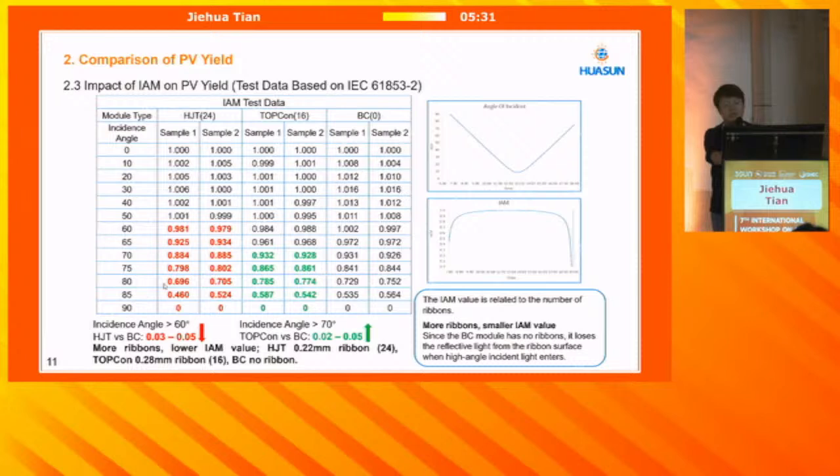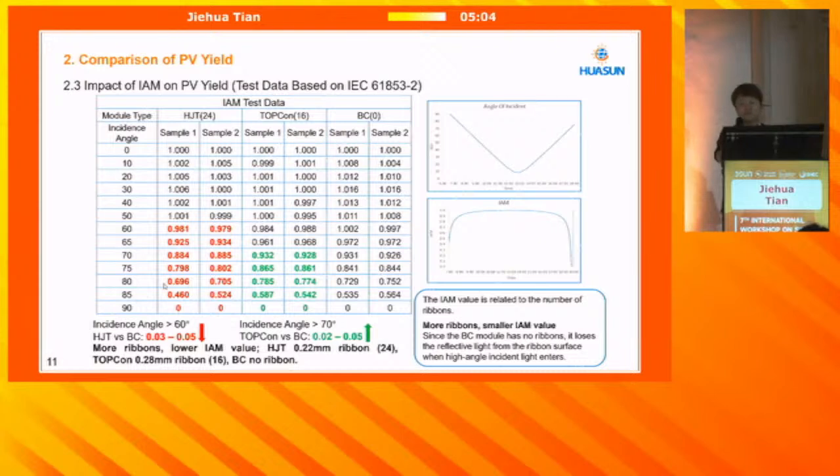Usually, the IAM is related to the number of ribbons. More ribbons, smaller IAM. IGT uses 24 ribbons with 0.22 millimeter diameter. TOPCon uses 16 ribbons with 0.28 millimeter diameter.